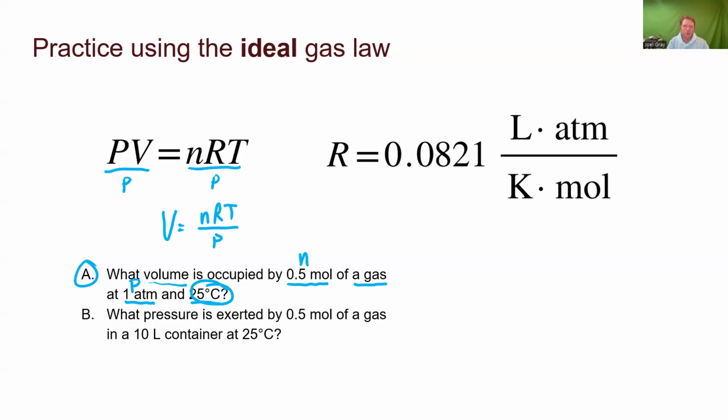Temperature. What do I need to do with my temperature? Add 273 to it. So essentially I'm going to draw an arrow to redefine everything. 0.5 times, and I'm going to plug in my R value. I'm not going to worry about units, even though I just talked about units for a little while. 0.0821.